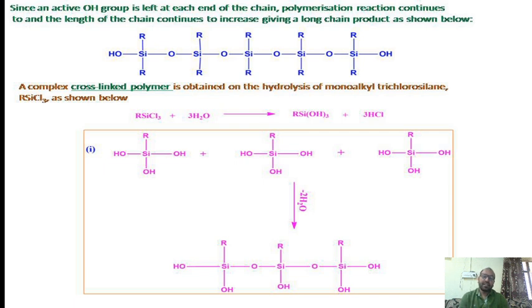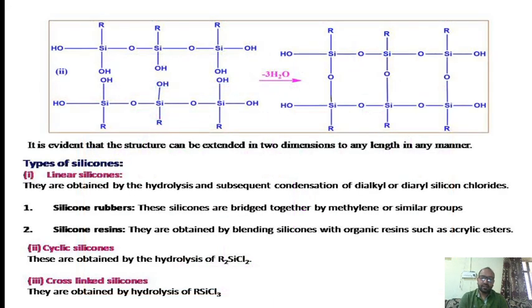This RSi(OH)3 condenses with 2 or 3 molecules of the same type of RSi(OH)3 and gives long chain like polymers. This chain then undergoes cross linking with another chain of molecules, and upon hydrolysis we get a cross-linked polymer of this silicone.